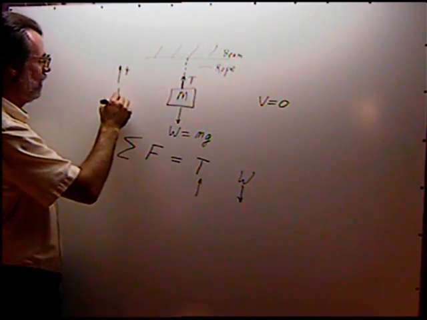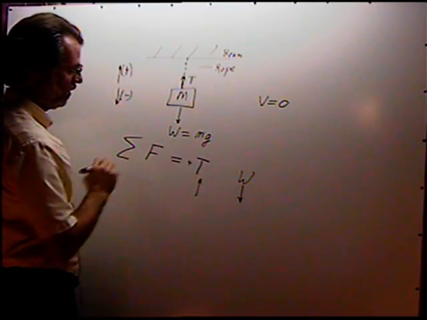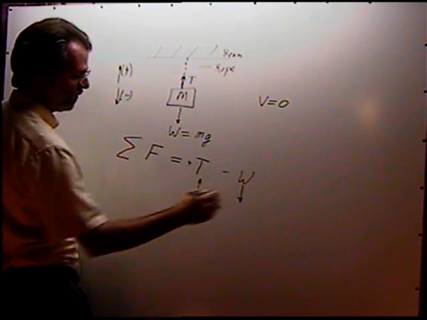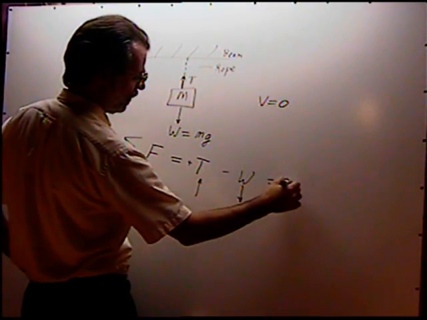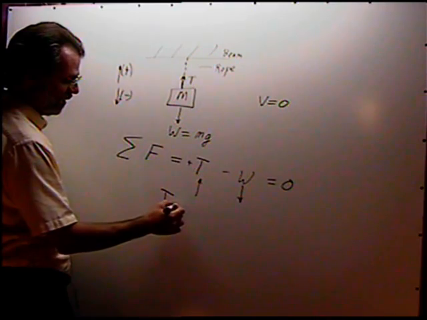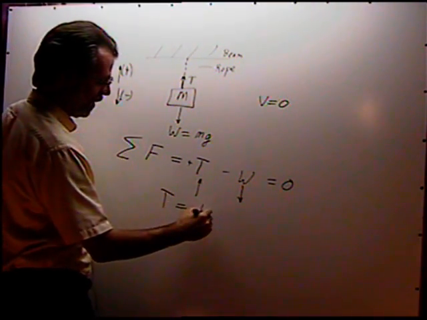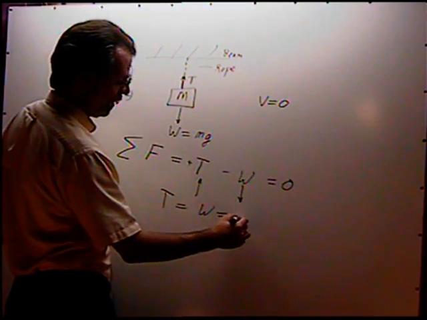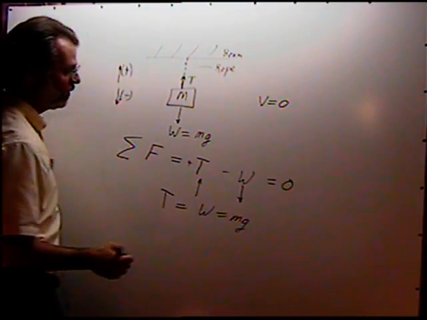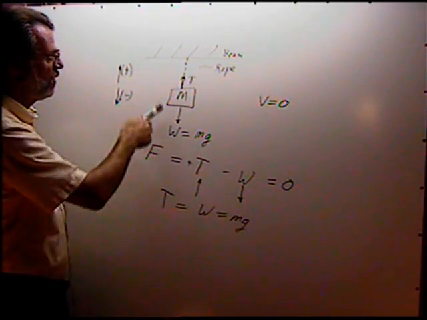If a force acts down, it's negative. So the tension is a plus force, the weight is a minus force. The sum equals 0. Therefore, we know that the tension in the rope is equal to the weight, which is also equal to mg. So we have the very simple idea that basically the tension in the rope is equal to the weight.